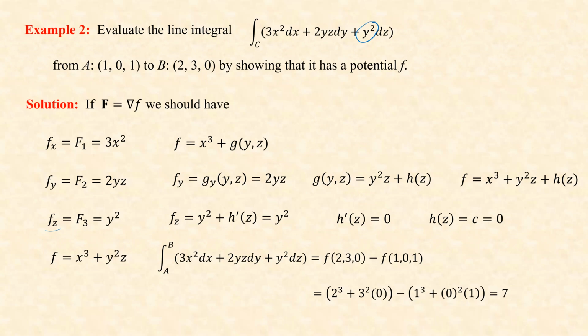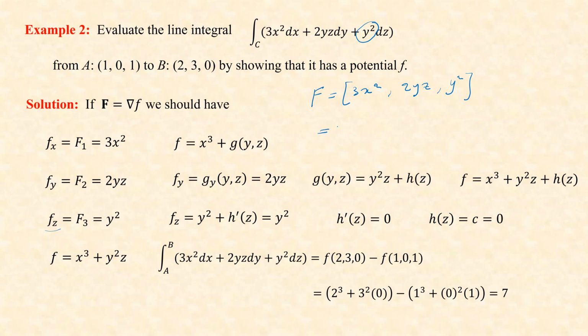So you see, this is F, right? F has 3 components: 3x squared, 2yz, and y squared.